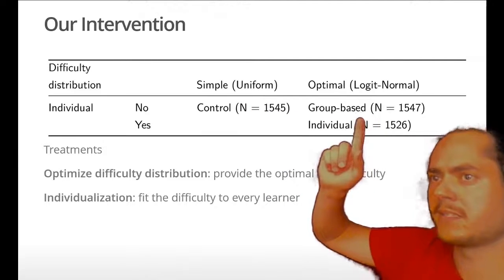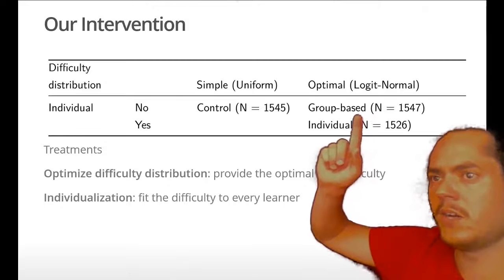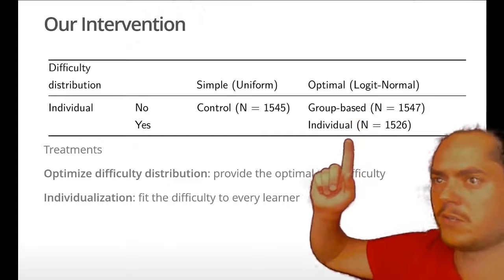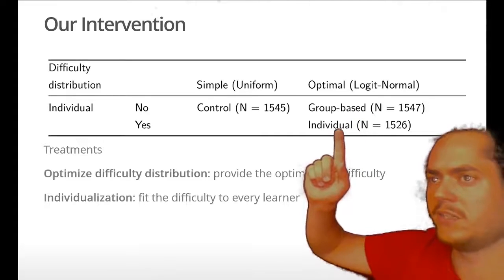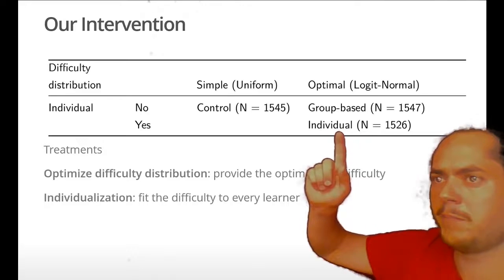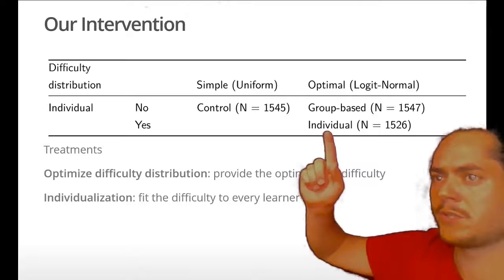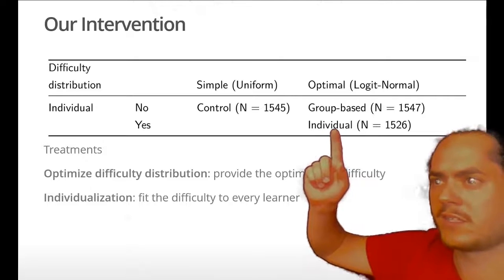In our group-based treatment, we still do not apply individualization, but we use the pre-tested optimal difficulty distribution. And lastly, in our individual treatment, on top of the optimal difficulty distribution, we individualize this to every single student.